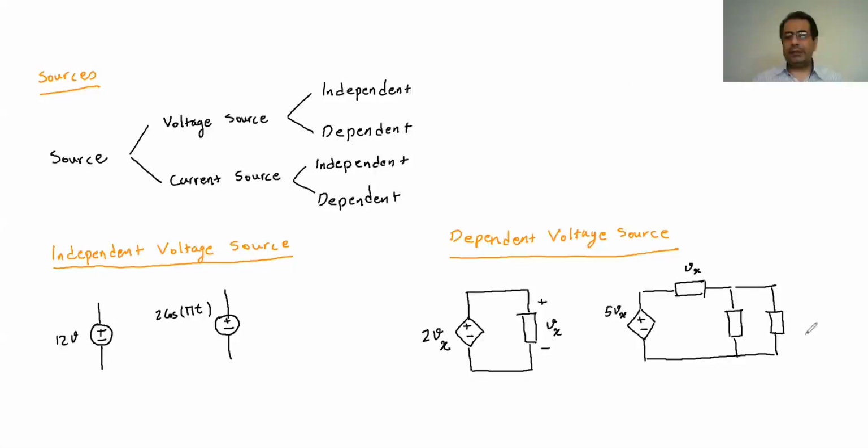It's the very same if we go ahead with the current source as well. So we would have the independent current source, which again provides the current in the system regardless of what is connected to it.